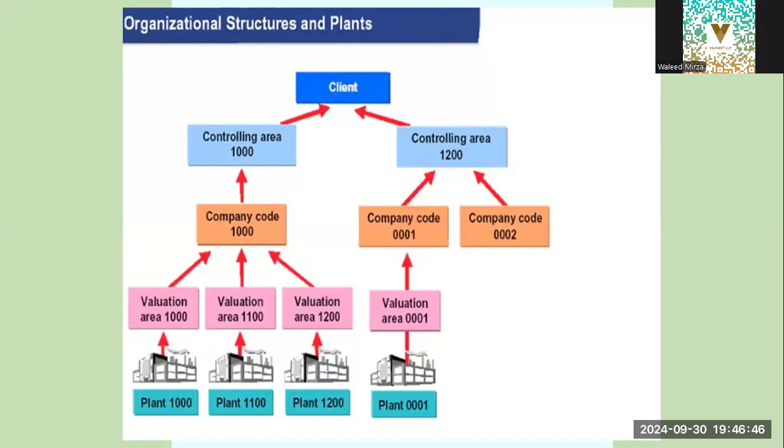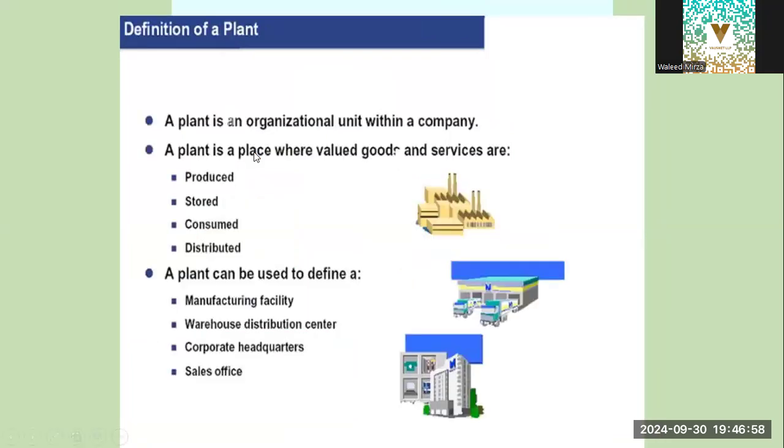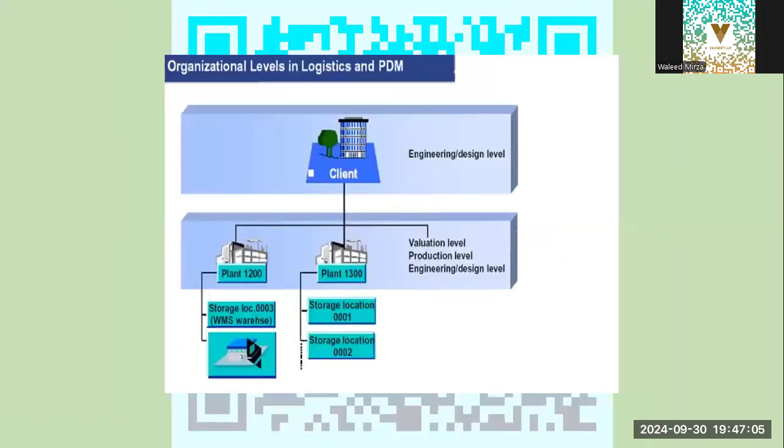So the organizational layout is such that company codes are operational units that control plants and logistics and supply chain. Now, what is a plant? It is where stock is either being made ready, procured, or stored.